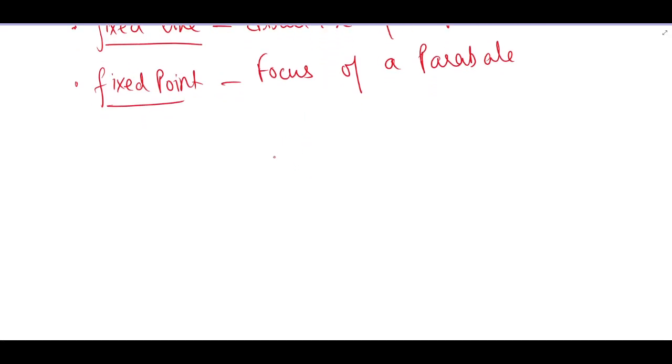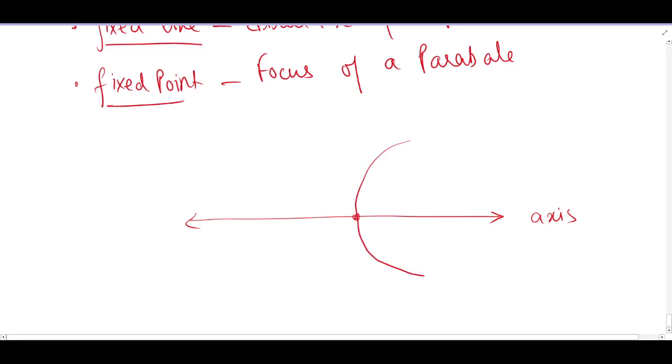So suppose we have the axis of a parabola. This is the axis, and this is the parabola, and this is the focus, the fixed point, and this is the directrix. And let this be any point P on the curve, (x, y).